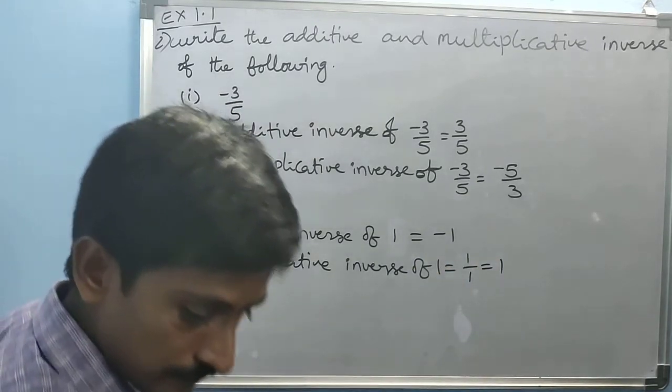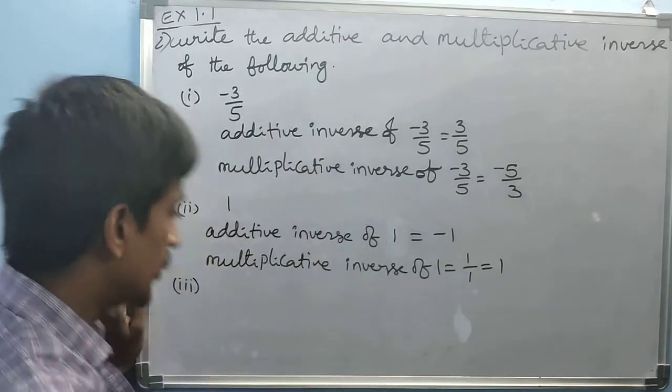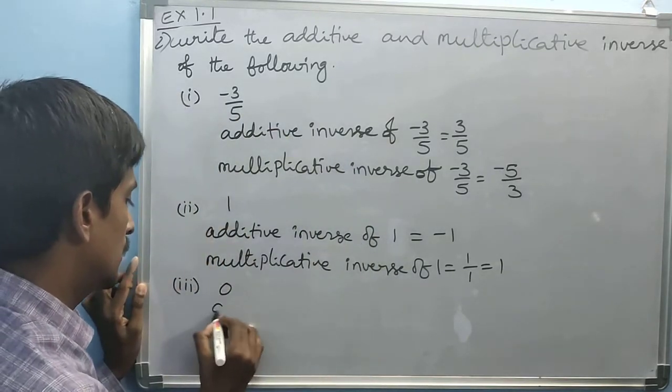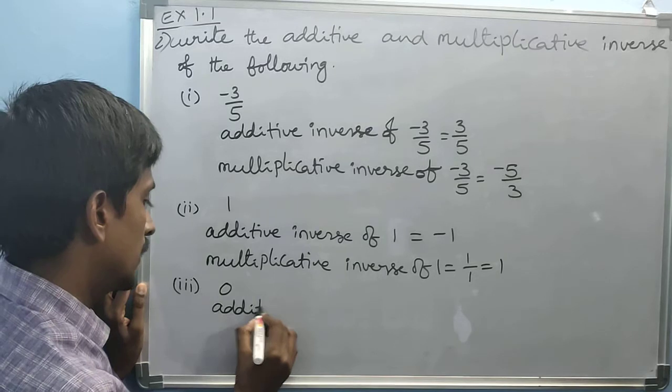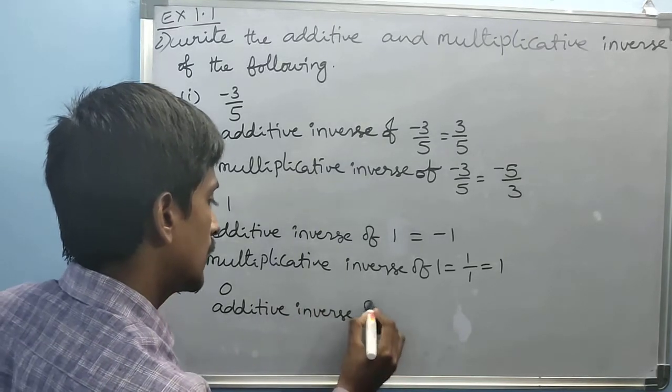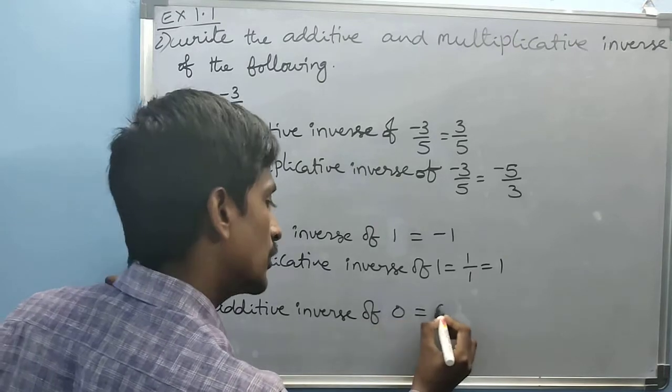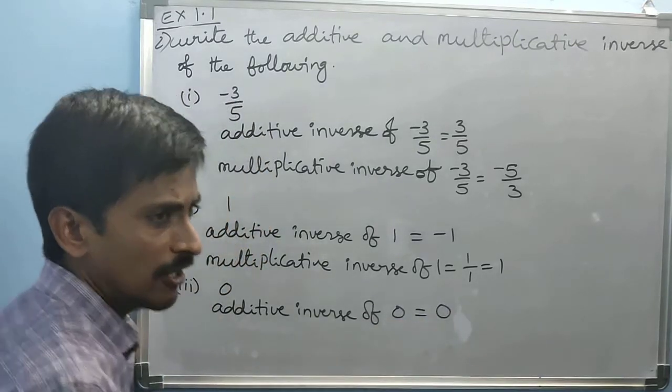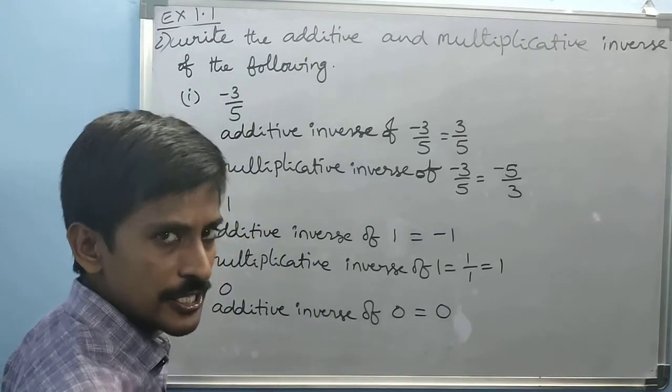Third one, 0. Additive inverse of 0 equals 0. Plus 0 is 0, minus 0 is also 0.